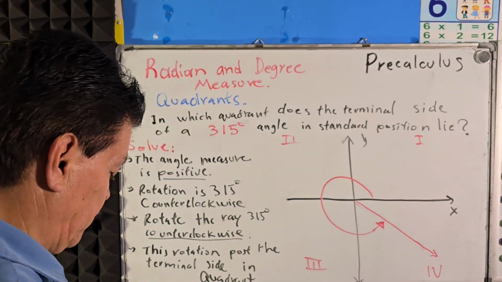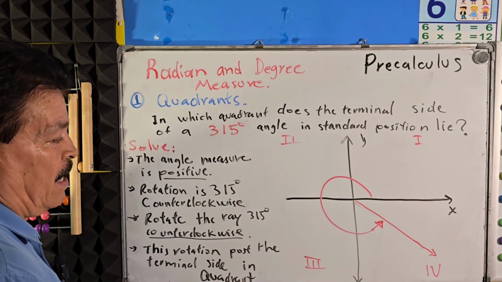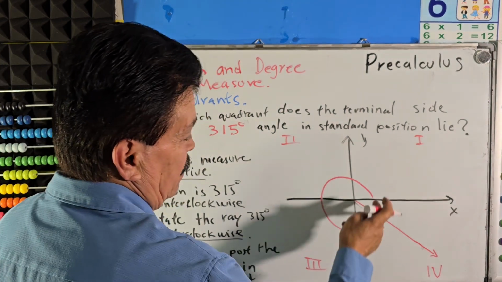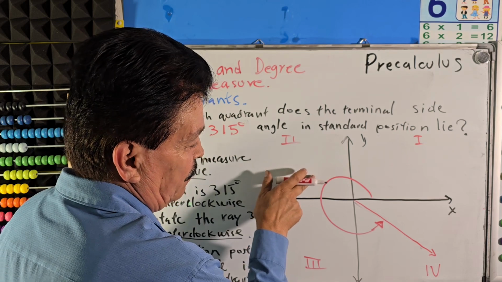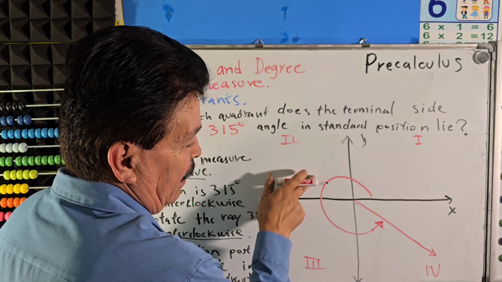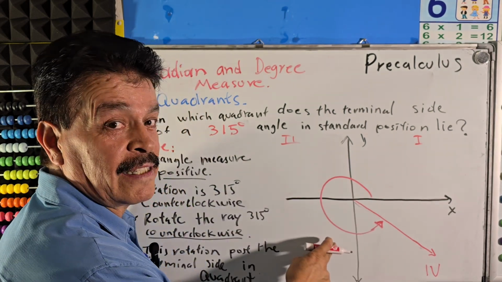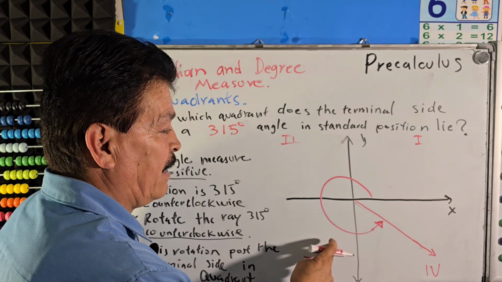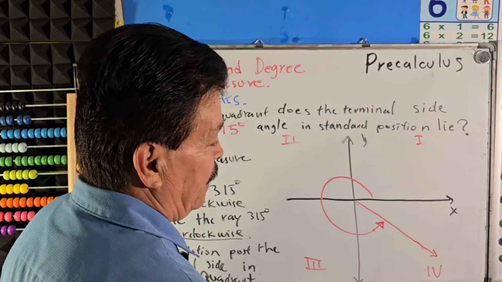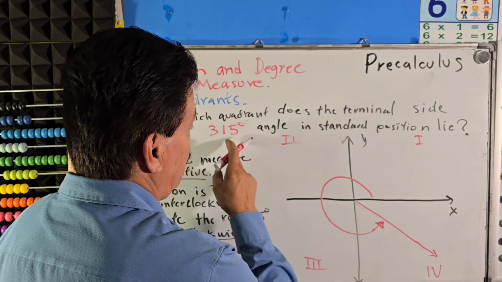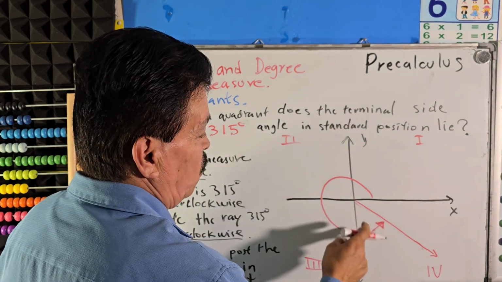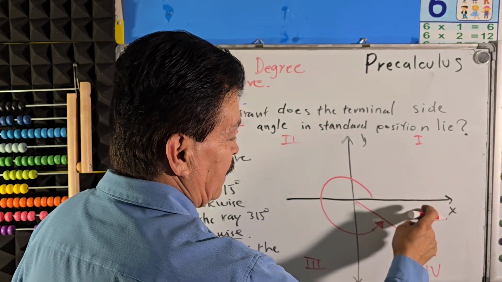See what I mean? So this here is 90, 180, 270, and then here is 315. The total is 360.